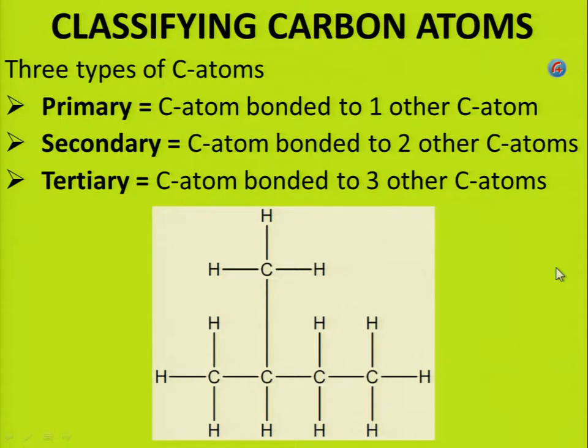Now, very important, for alcohols you need to know how to classify carbon atoms. There's 3 types of carbon atoms. The first one is primary. A carbon atom that is bonded to one other carbon atom is called primary. Let's look in this molecule. Here is a carbon that is bonded to only one other carbon.